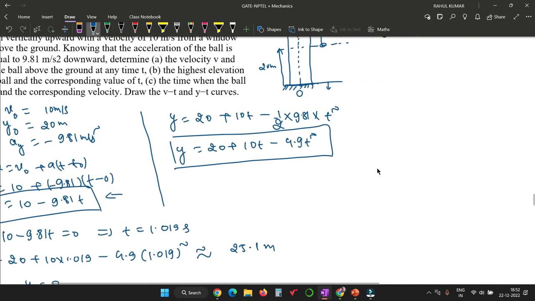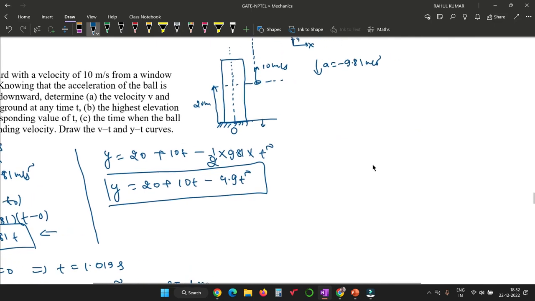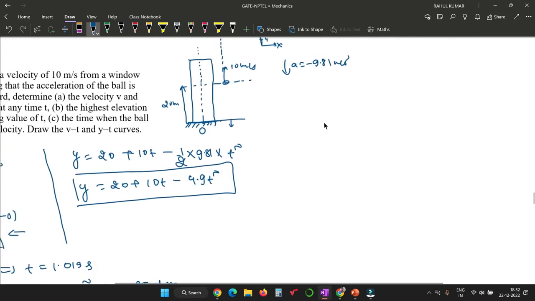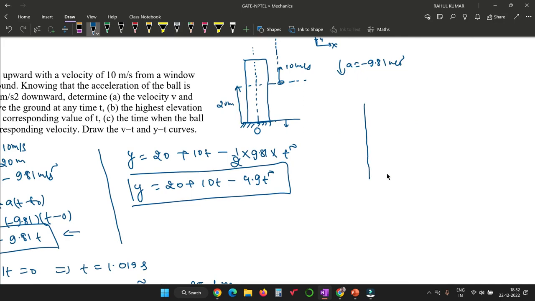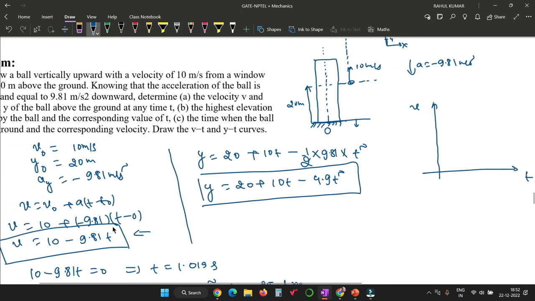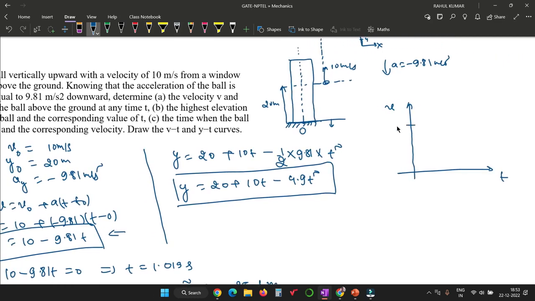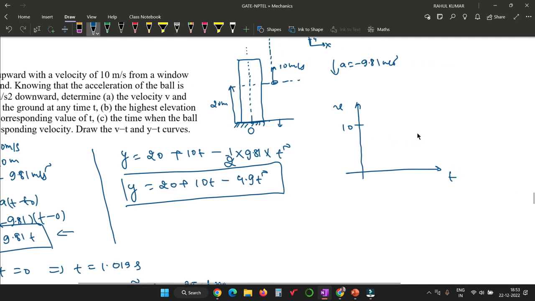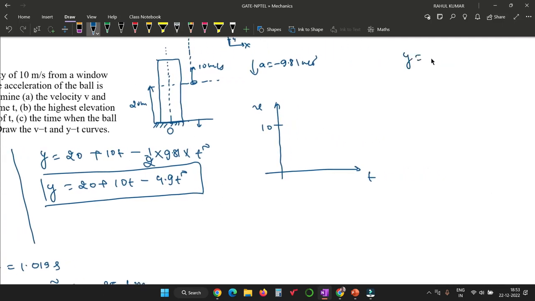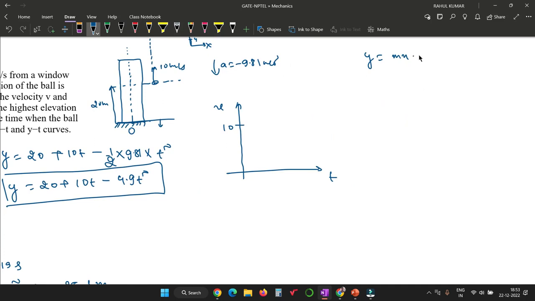Now the task is to draw the VT diagram. It is very simple because it is just a question of a straight line. Suppose this is point 10. We already know that if the equation of a straight line is y equals mx plus c, then c is the y-intercept and m is the slope.